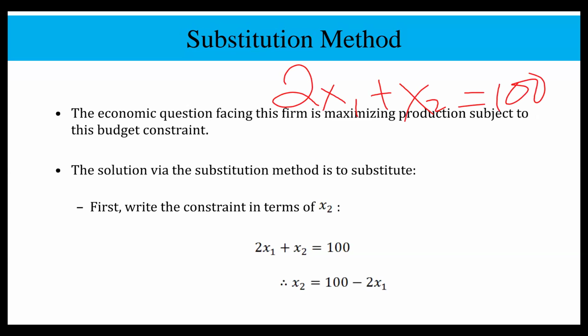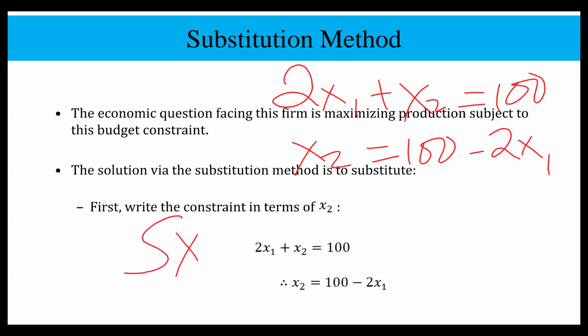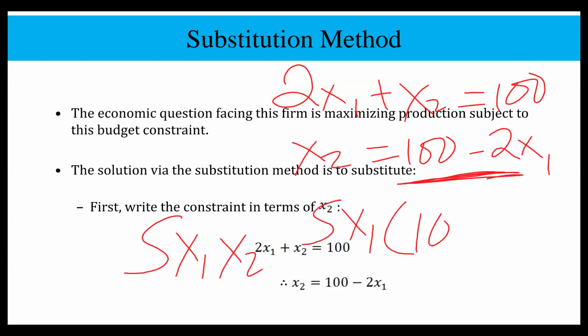If you make x2 the subject of the formula, we shall have 100 less 2x1. So wherever there is x2 in the function 5x1x2, you shall substitute 100 minus 2x1.